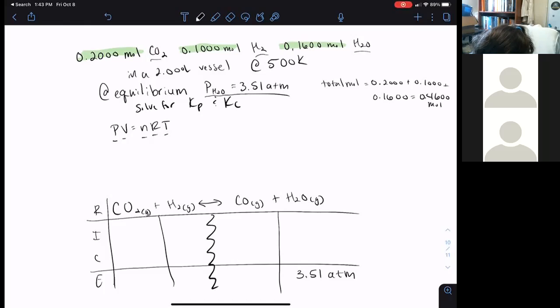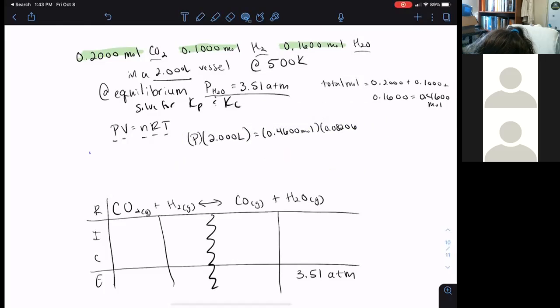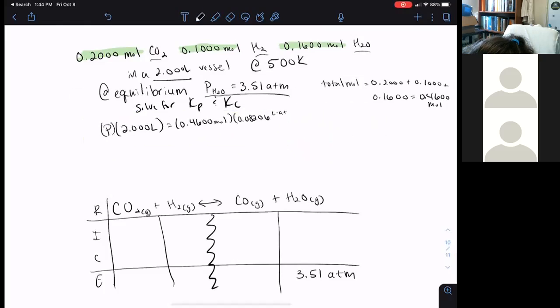And then we can put that into PV equals nRT. So we're solving for our total pressure. Our volume is 2 liters. Our n is the total moles, 0.4600 moles. Our R is our regular gas constant, 0.08206 liters times atmospheres over moles times Kelvin.